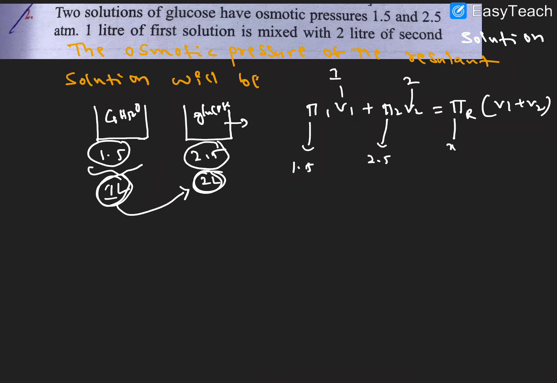The resultant pressure we don't know, we have to find it out. The total volume is 1 plus 2.